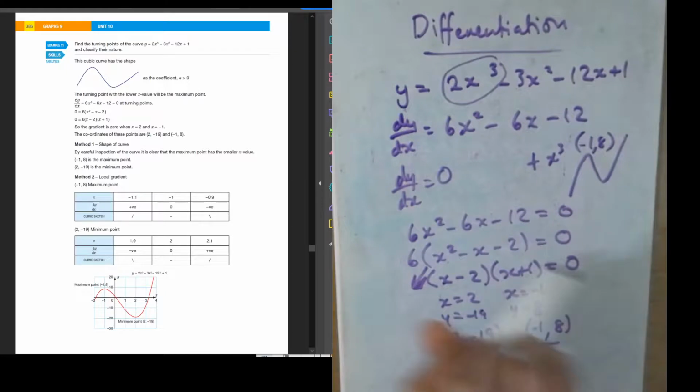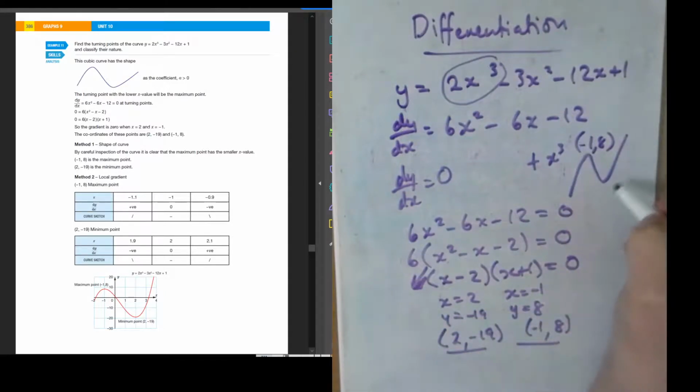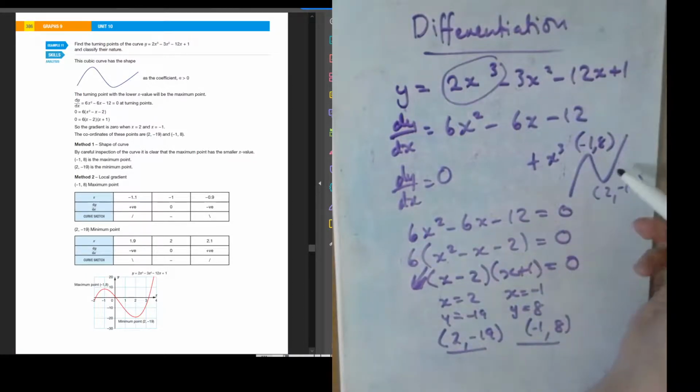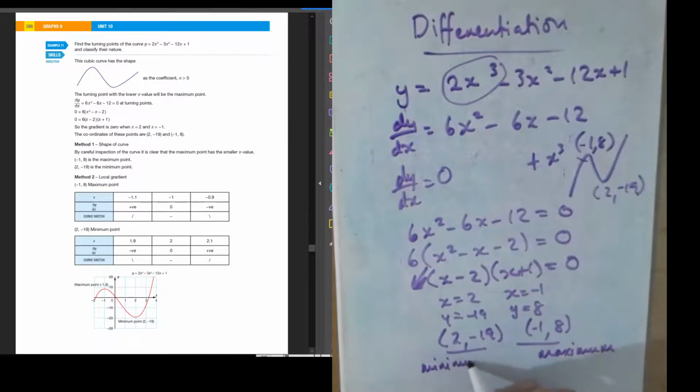And this 2, because it's further along on the x-axis, would be my (2, −19). I've put the points on there just to help myself. I know that this one is obviously a maximum, and this is a minimum.